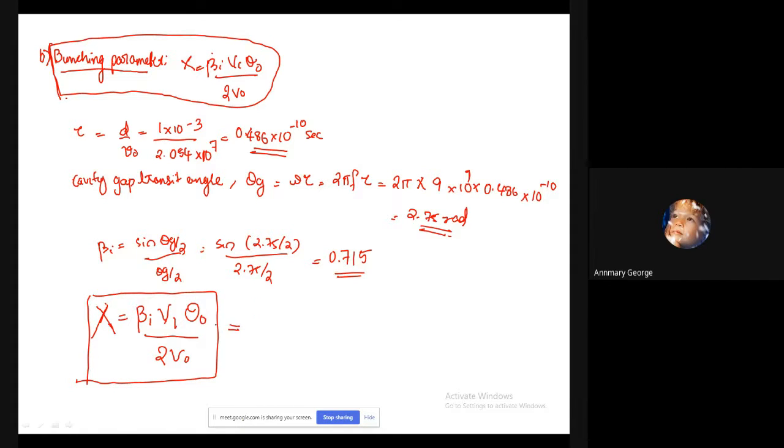After substituting beta I, V1, theta 0 and V0, that is 0.715 into 80 by 2 into 1.2 kilovolt, that is 1200, into theta 0, which is 152.9, the bunching parameter X will be 3.64.